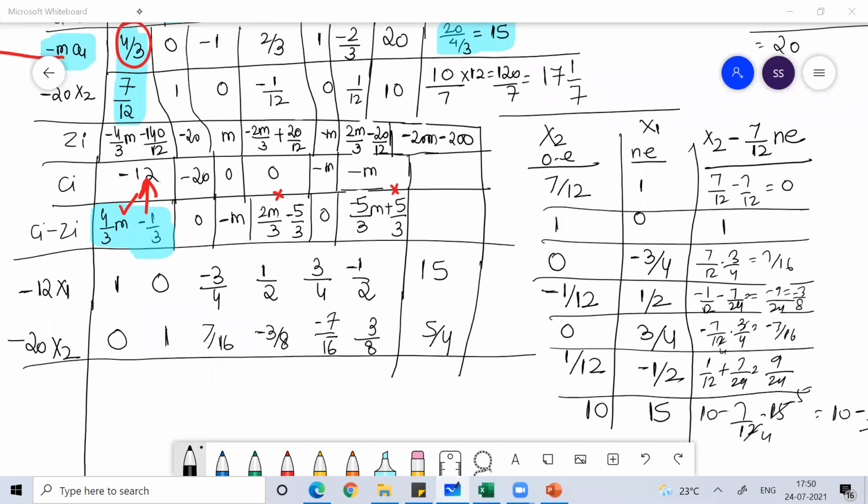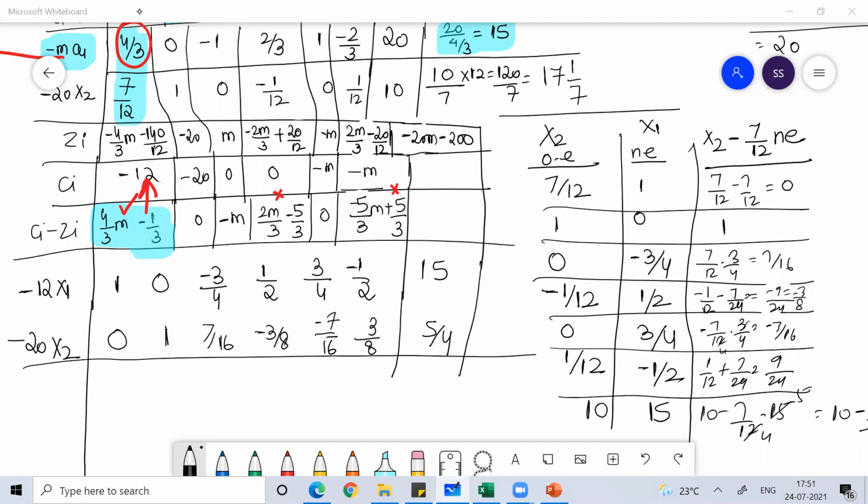Calculation: you can see the constant was 7 by 12. So 7 by 12 minus 1 into 7 by 12 is 0. 1 minus 0 into 7 by 12 is 1. Then 0 minus, so minus minus plus 7 by 12 into 3 by 4, that is 7 by 16.